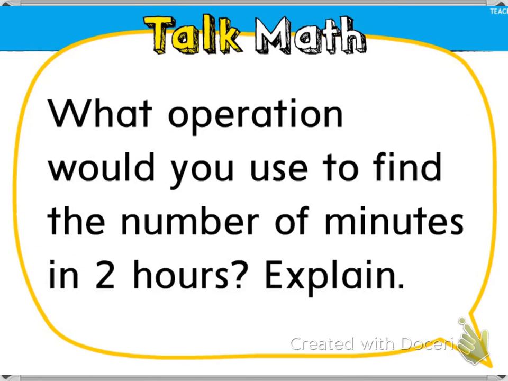Okay, very good. What operation would you use to find the number of minutes in 2 hours? What do you think you would do? You're going from hours to minutes. How would you figure out how many minutes there are in 2 hours?